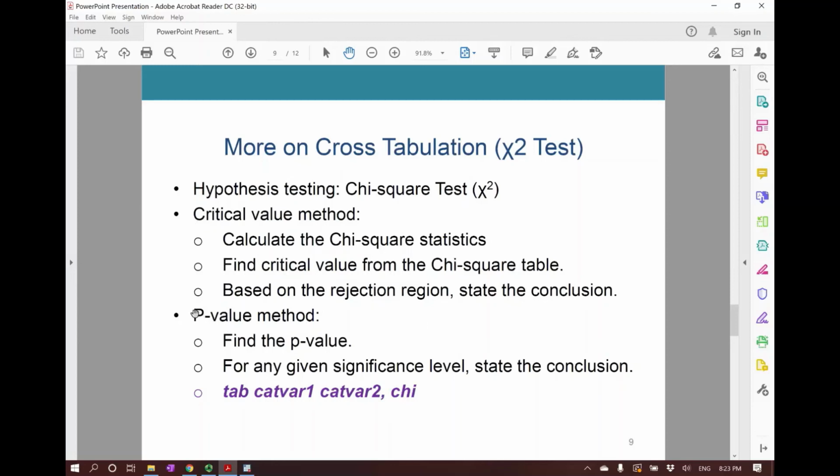Alternatively, and also very commonly used in empirical research, we'll just let Stata do the test and report the p-value. We're going to find the p-value from the Stata output, and then for any given significance level, we can state our conclusion.